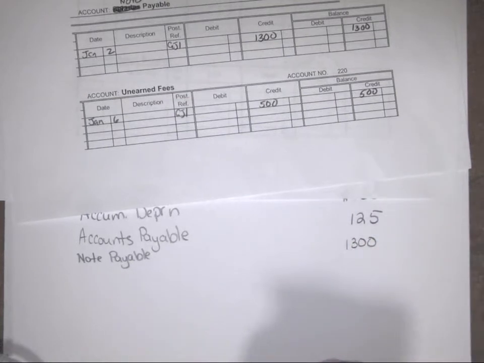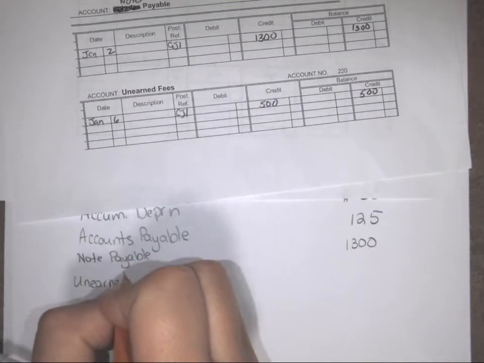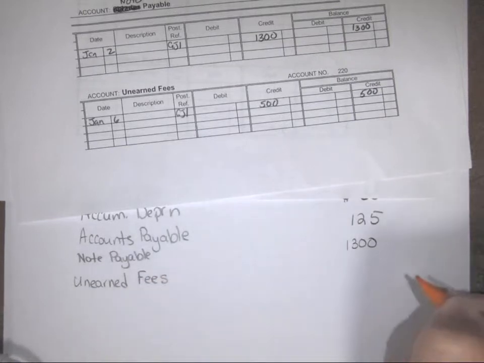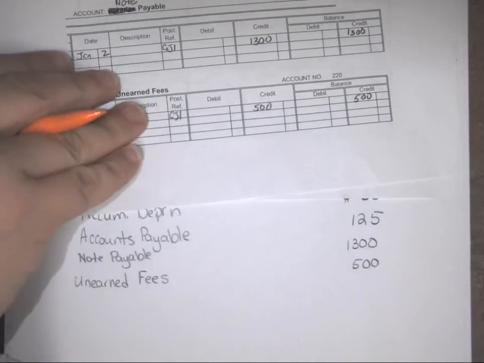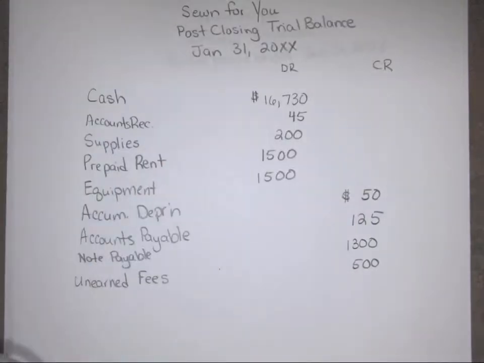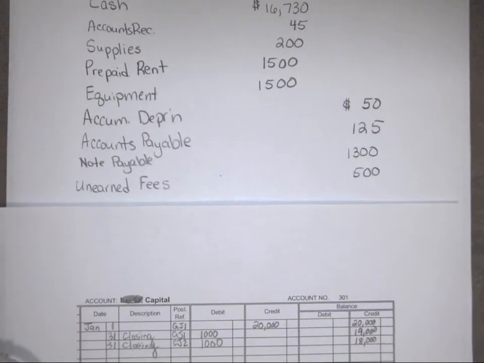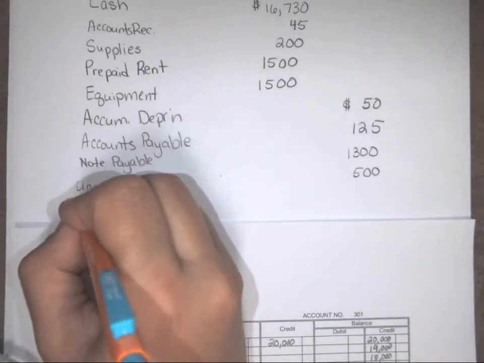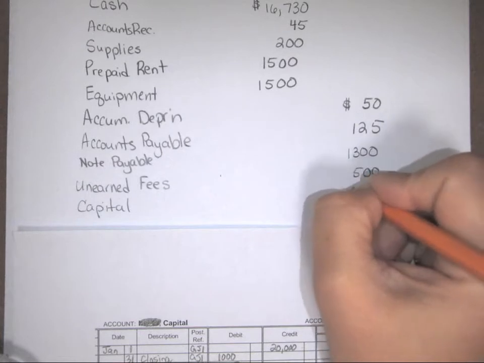We are going to have unearned fees, and that's going to be for 500. And the only other one that we have is going to be this capital at 18,000. So we would have the capital, and it is going to be at 18,000.